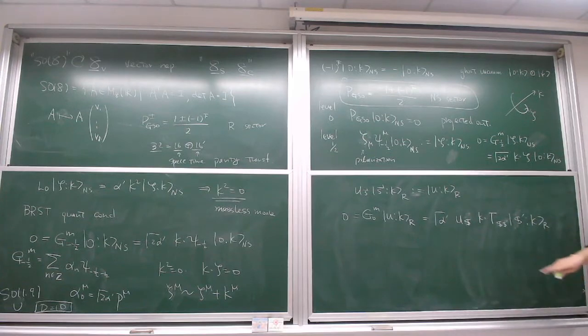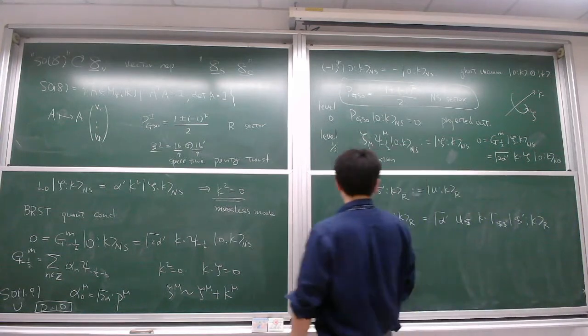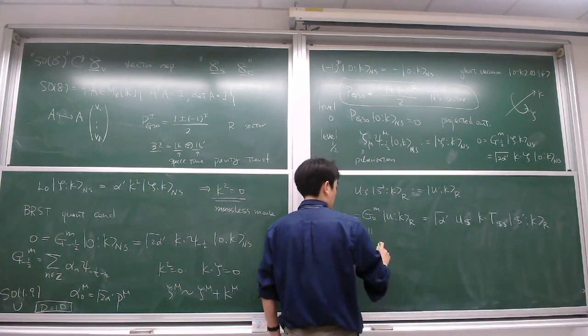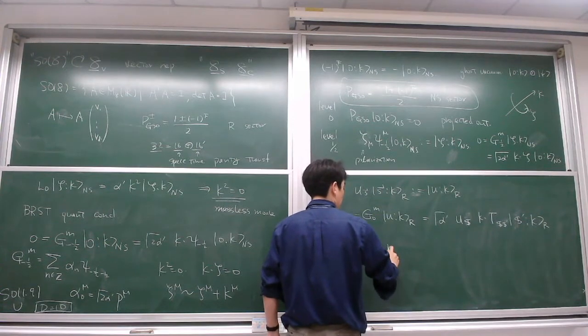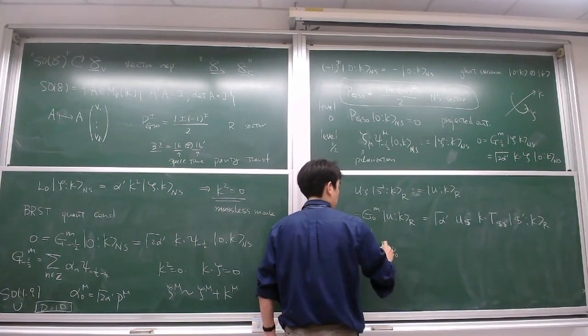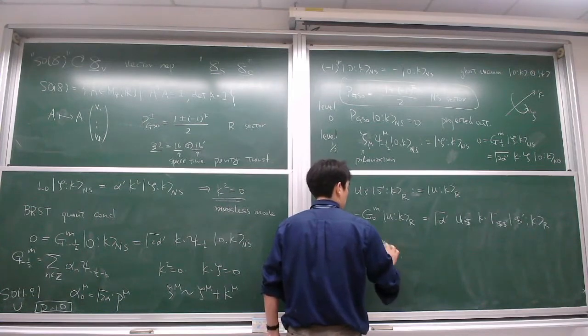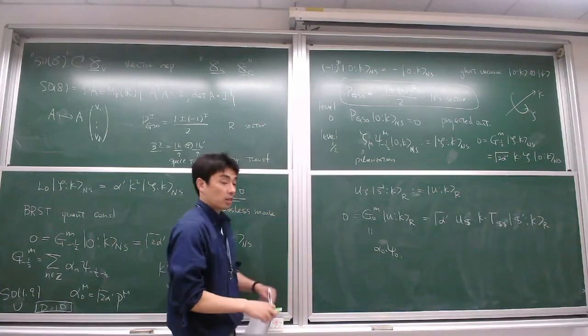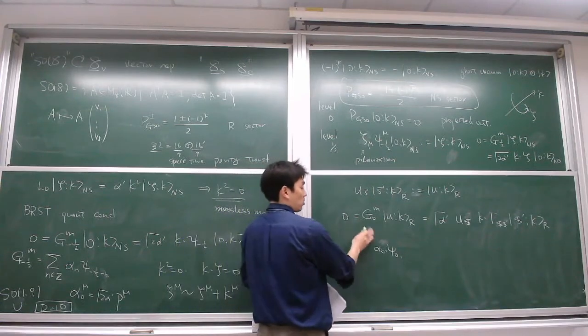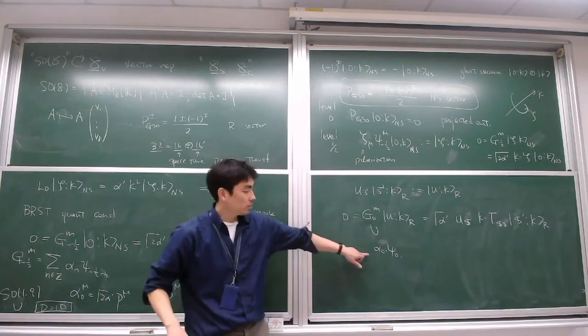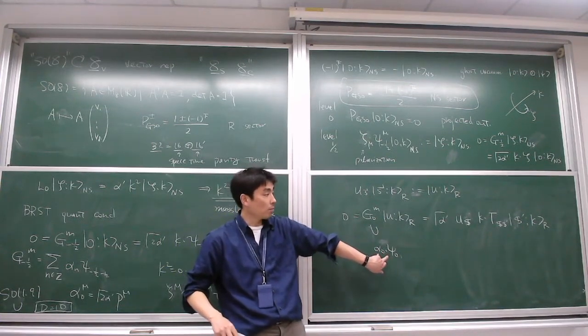Again, G0 is proportional to alpha 0 and psi 0, psi dot mu. So G0 contains alpha 0, psi 0. That's the most relevant part.